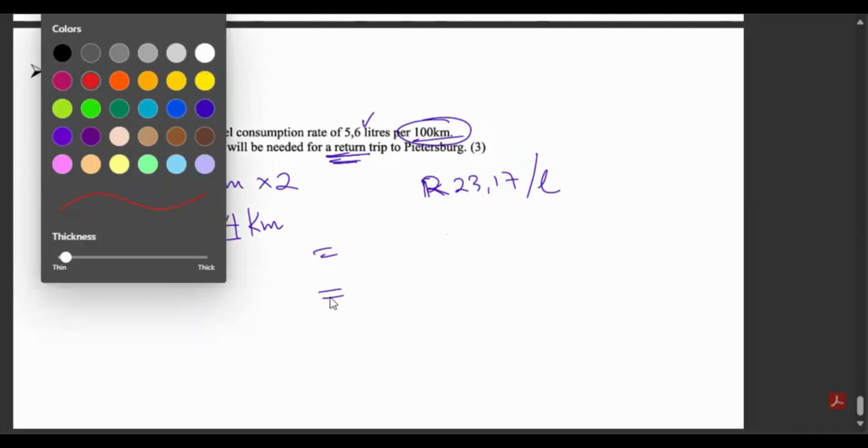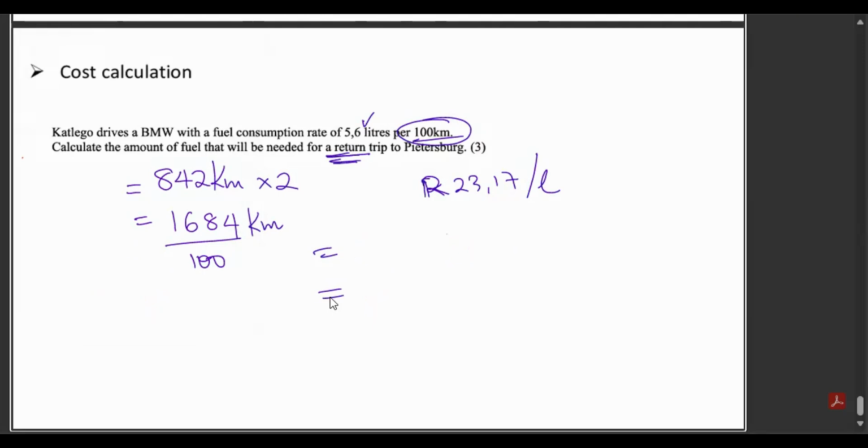Then here it means this is the distance, right? So we shall get 6.8 times for every 100 each. So it needs 94 liters.